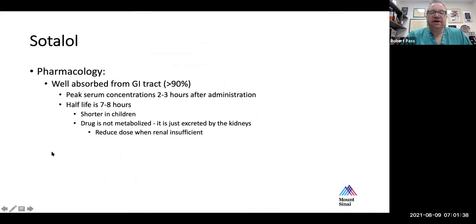It is very well absorbed from the GI tract, and peak serum concentrations are 2 to 3 hours after administration. The half-life is 7 to 8 hours, and it's even shorter in children. It is not metabolized, it's just excreted by the kidneys. So when a patient has renal insufficiency, one needs to reduce the dose. That's an important point.